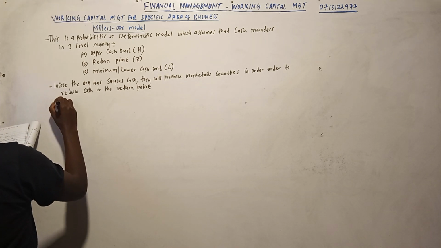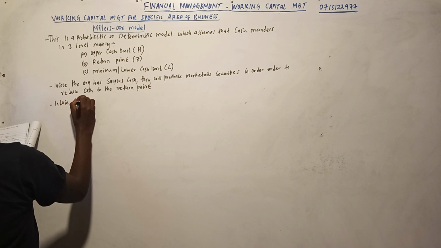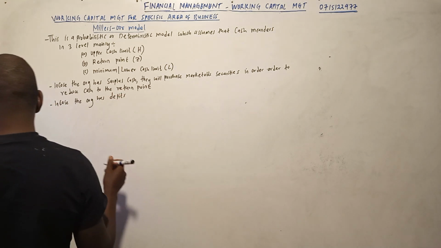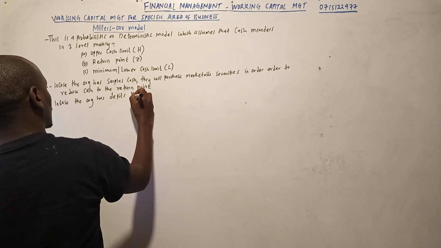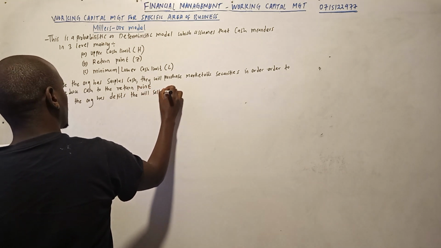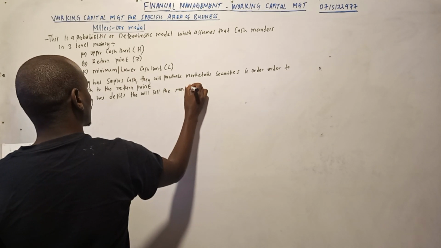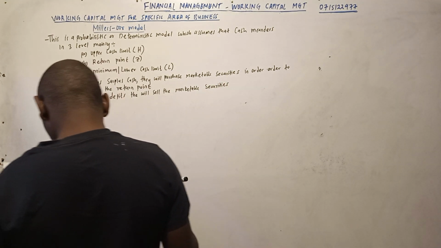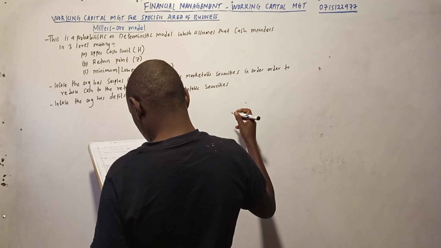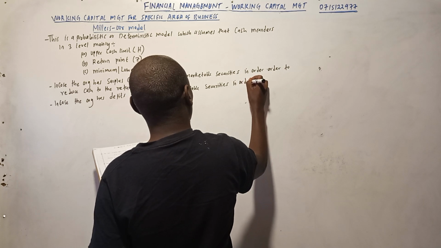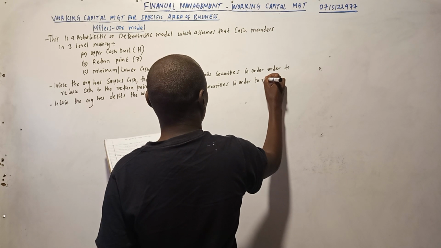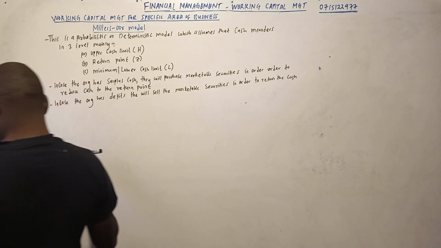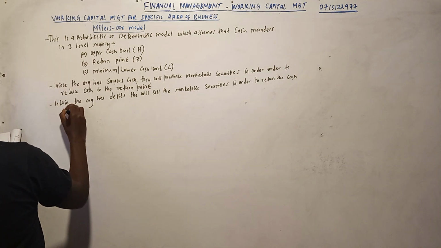Then, in case the organization has deficit, they will sell the marketable securities in order to realize the cash, in order to return the cash to the return point.